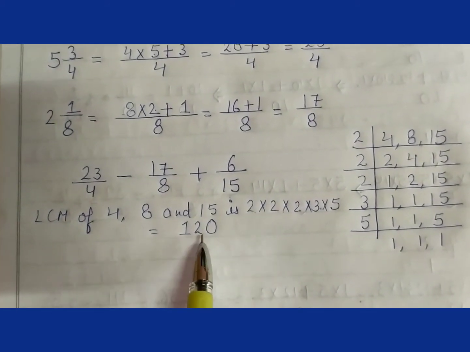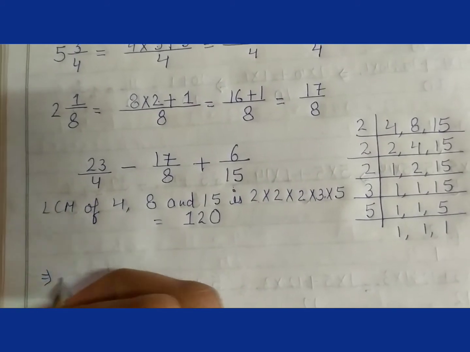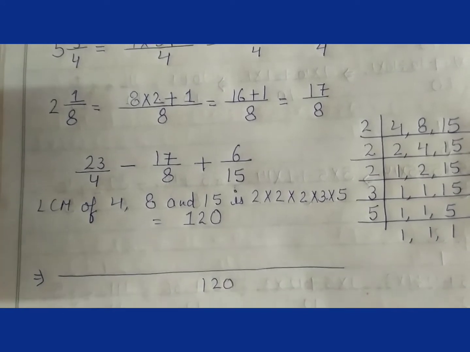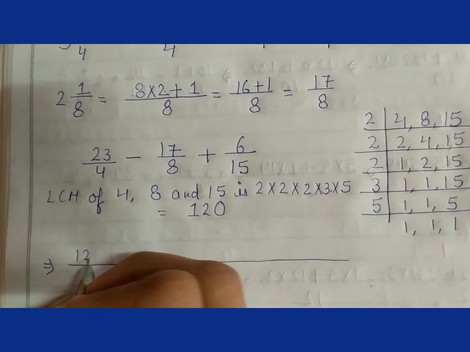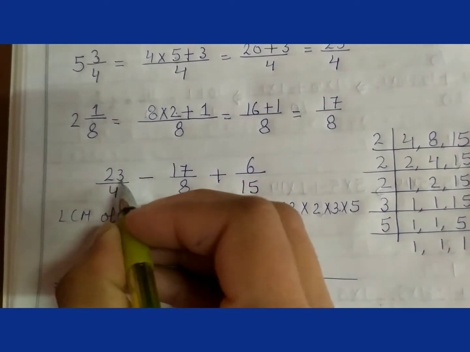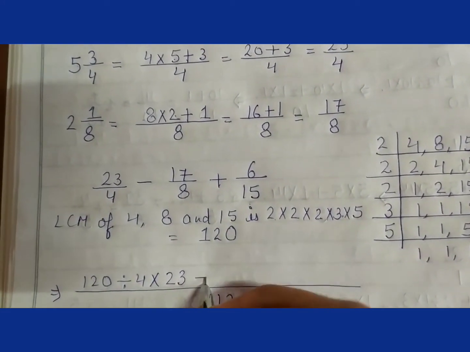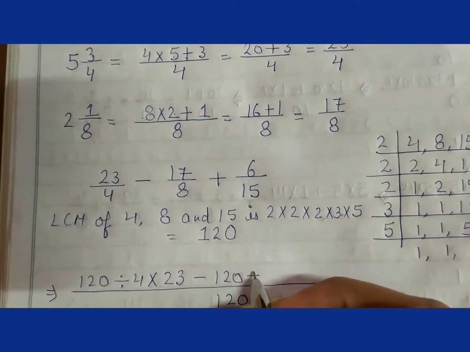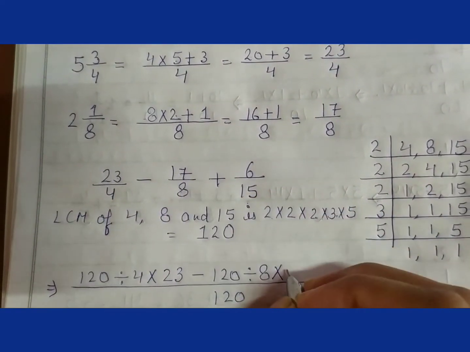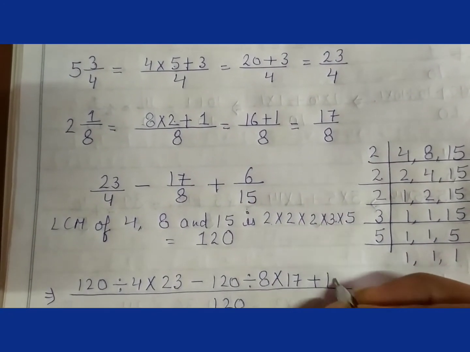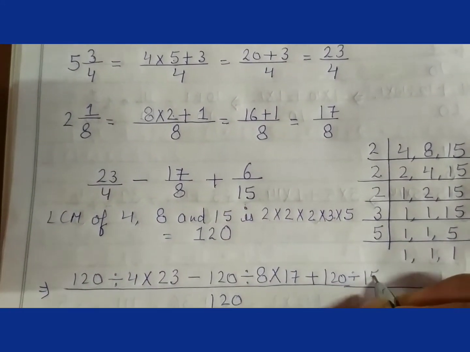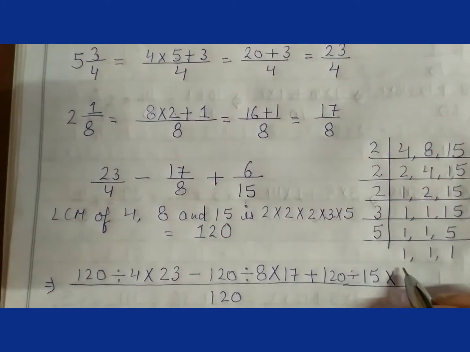It is the common denominator. Write 120 in the denominator like this. Again write 120 divided by 4 multiply by 23. Subtract, again write 120 divided by 8 multiply by 17. Add 120 divided by 15 multiply by 6.